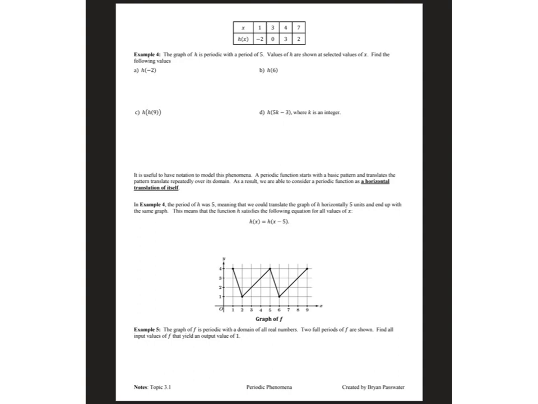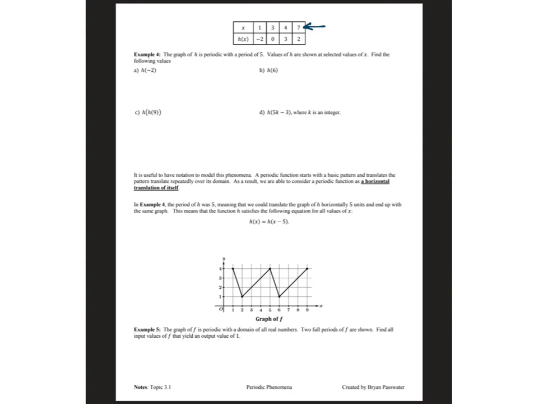Let's look at this next page. This is example 4, very similar. This is a table of values, but these table values are the only values we get to use, so we're going to have to operate based on only 4 numbers. It says the graph of h is periodic with a period of 5, so this cycle is going to repeat every 5 numbers.